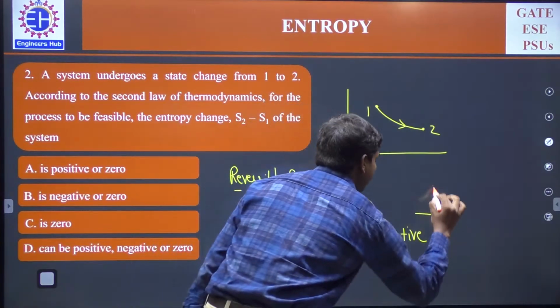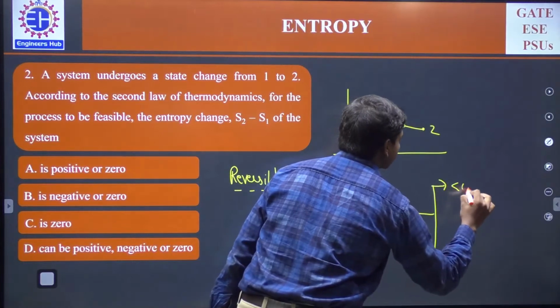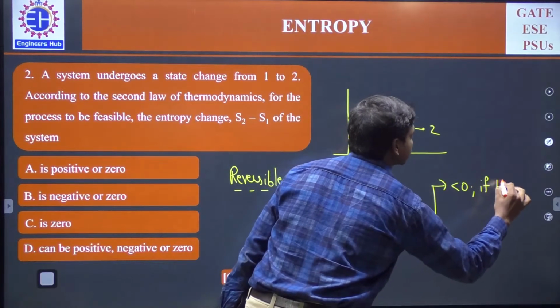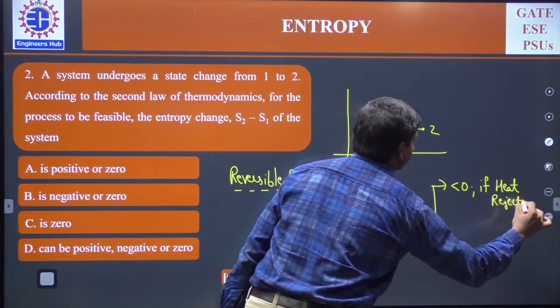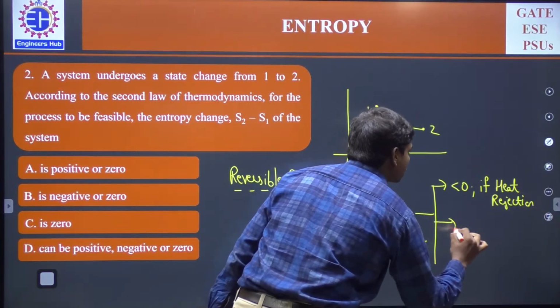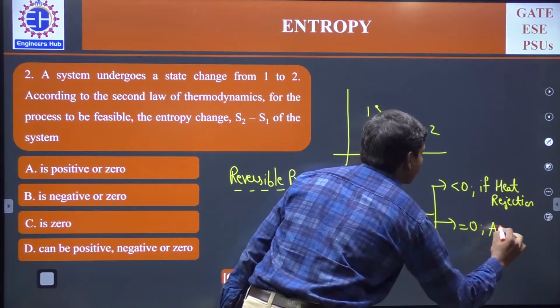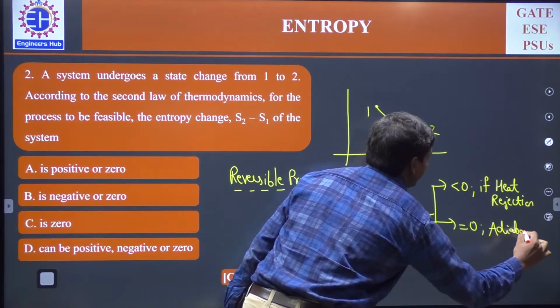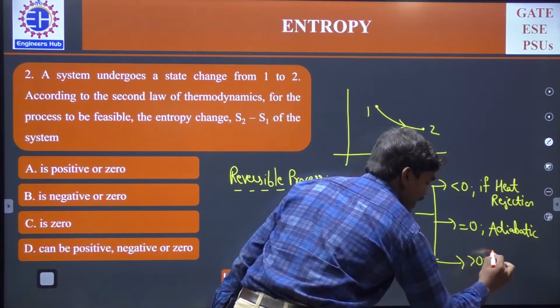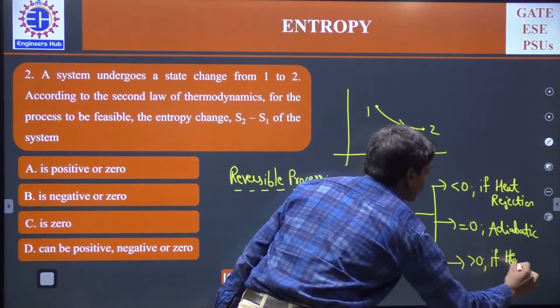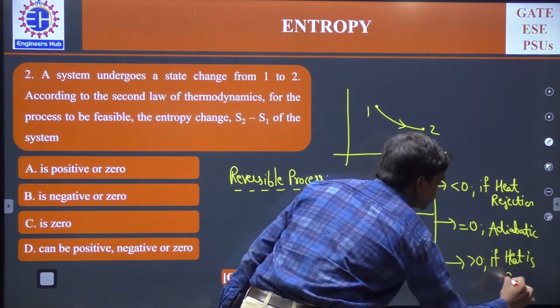Now, this can take any of 3 values, correct? It can be less than 0 if heat is rejected. This can be equal to 0 if the process is adiabatic. And this can be greater than 0 if heat is added.